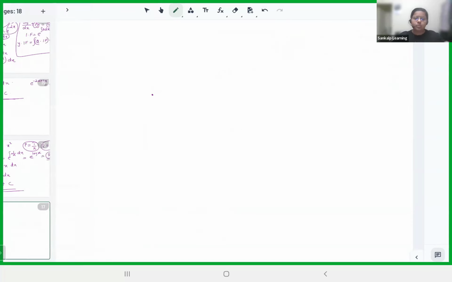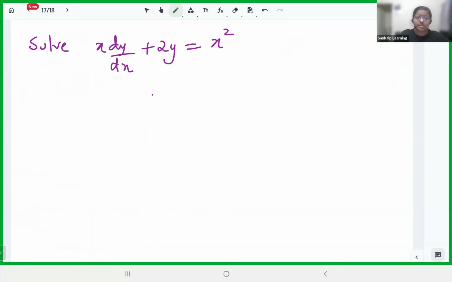Moving on to the last question of this session: solve x dy by dx plus 2y equal to x square. Does this satisfy the form dy by dx plus p into y equal to q? No, because here you can see that there is an extra x. So you have to eliminate that x. How will you eliminate it?